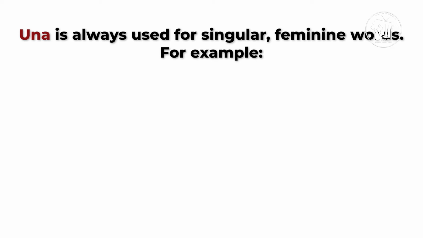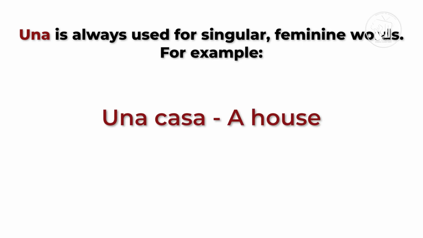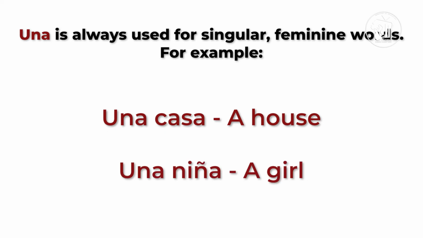Una is always used for singular feminine words. For example, una casa, which means a house. Una niña, which means a girl. And just as the previous example, we know that these are singular feminine words because they end in a.